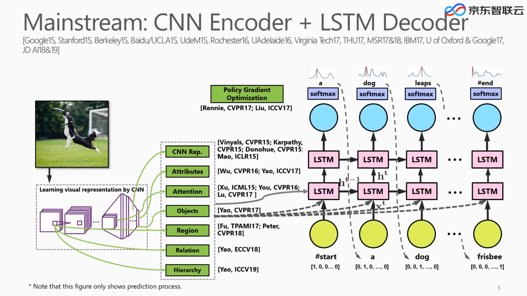The mainstream of modern image captioning follows the structure of CNN encoder plus LSTM decoder. Specifically, given the image, we can extract image features through multiple ways.